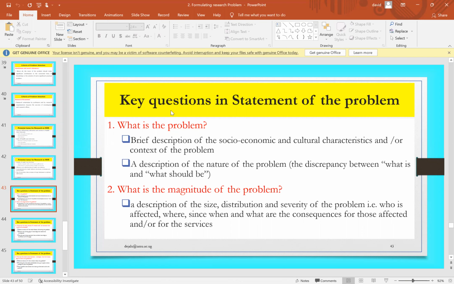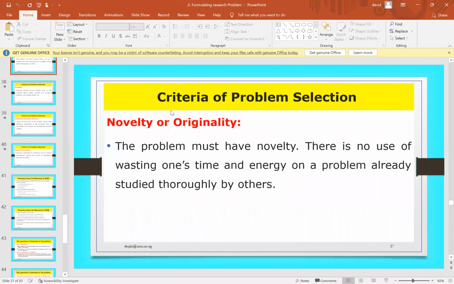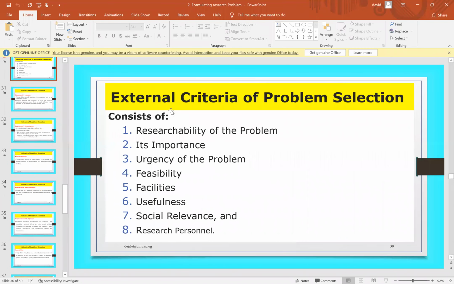So, when it comes to the world of research, we go back to our definitions, to our criteria. If I can flash back these slides.